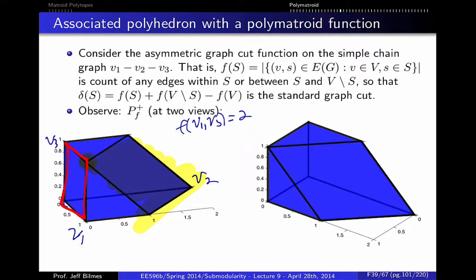When x2 is 2, the component sum here is also 2, where only x2 is equal to 2 and x1 and x3 are equal to 0. And then here you've got x2 is equal to 1 and x3 is equal to 1, so the component sum is 2. And down here you've got x2 is equal to 1 and x1 is equal to 1, so the component sum is again 2. And so these are the 4 points of the active constraint.